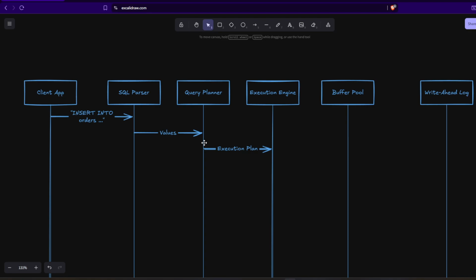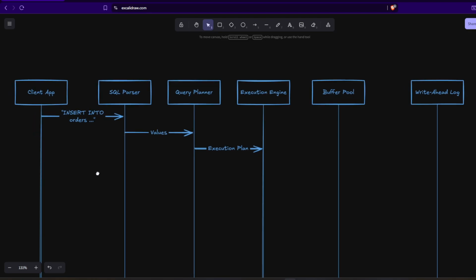For example, to make sure that the DB engine and the application understand the language of the developers, when we are putting things like insert into, or update set, or select some column name from some table name, just to make sure that translation happens properly, it initially goes through something called a SQL parser.